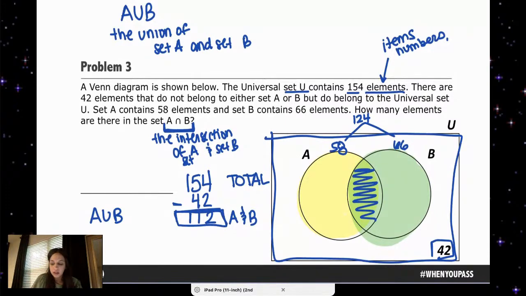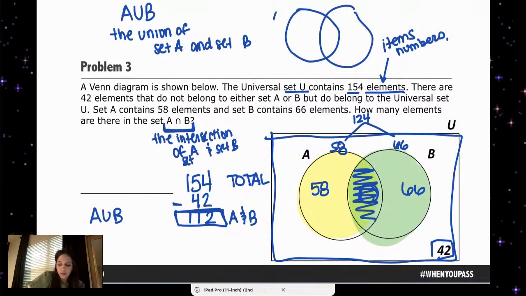Because remember, some of these are shared items. Some of these are shared elements. It is not 58, 66, and nothing. But think about this. When I take an element, so I'm going to redraw it up here. If I have A and B, and I have 58 and 66, that means there's nothing shared.